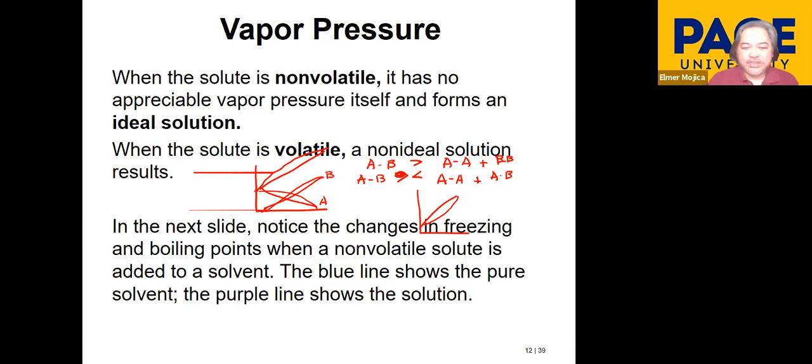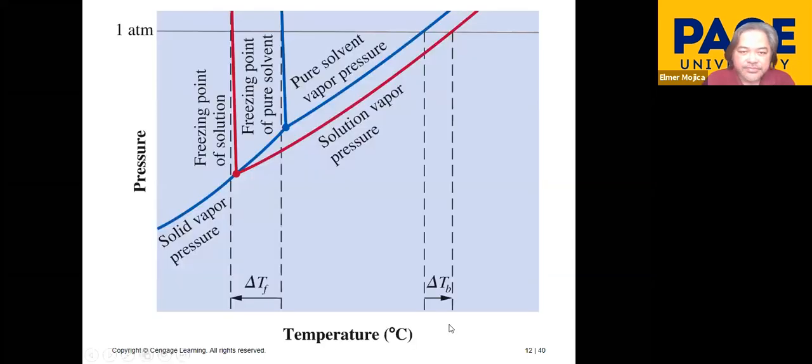The next one that we have, I think I showed here. When you compare the vapor pressure of the pure solvent with the vapor pressure of the solution, the solution's is much lower. Because of this, it results in the other two colligative properties.